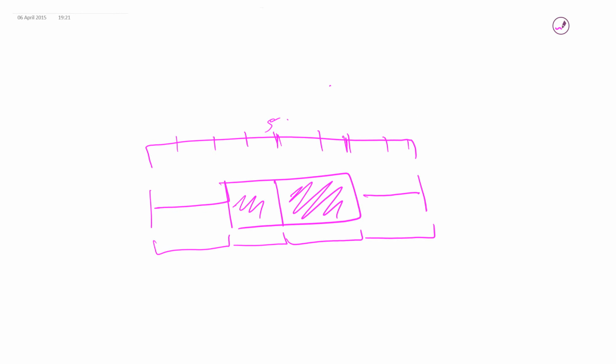Okay, so let's say that's 50, and that's 60. We're saying 25% of the trees are from 50 to 60 meters tall.